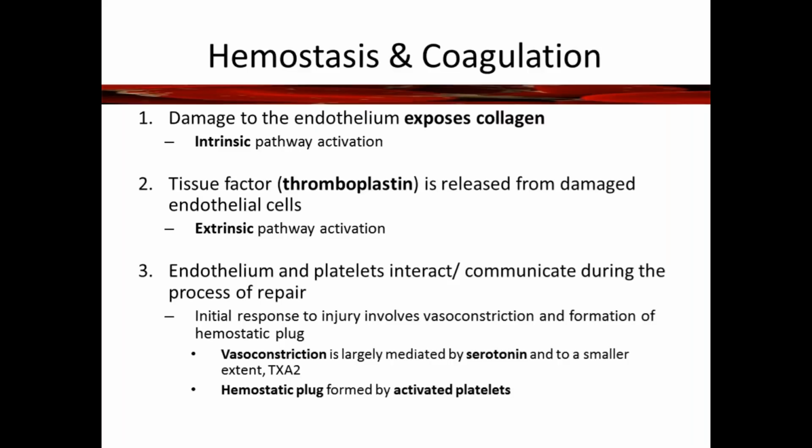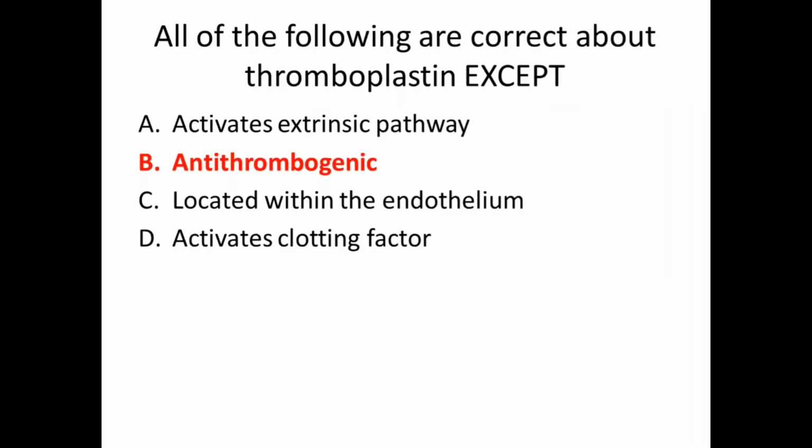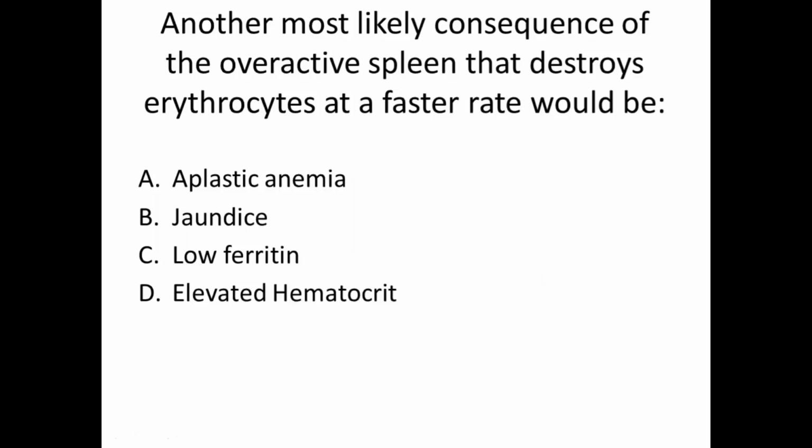So that's why it ends up activating the extrinsic pathway. And it is definitely pro-thrombogenic. So it is located within the endothelium. It does activate clotting factors, and it's definitely an extrinsic pathway activator. I think there's just maybe one more and then a short answer question.